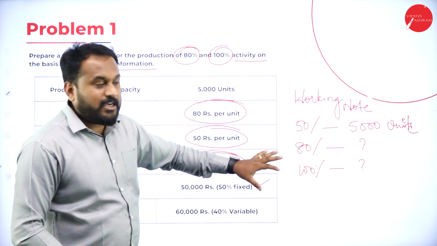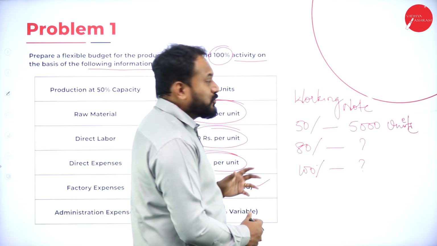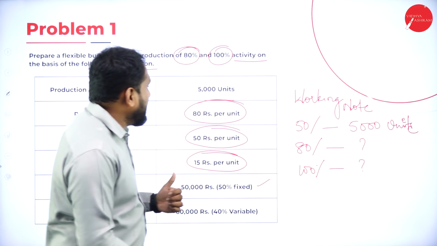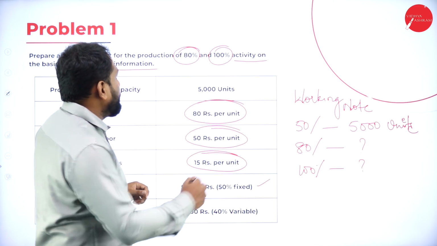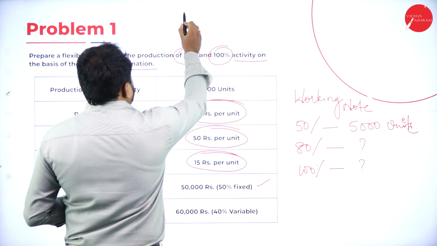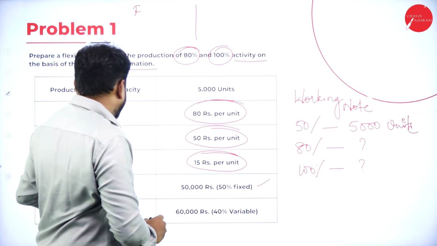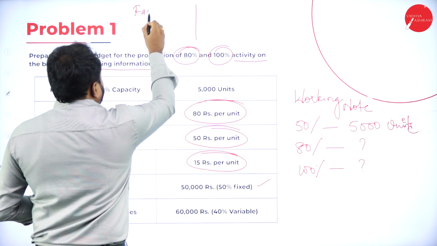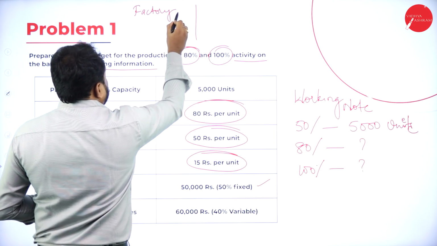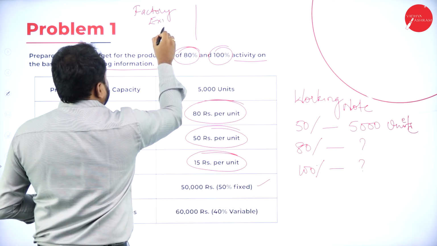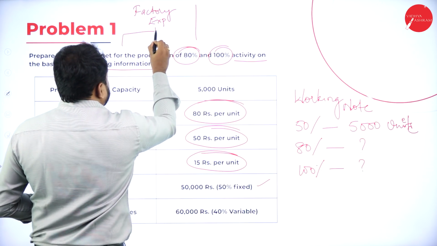I'll give you a hint how to go with this working note. I'll just make a partition. Fixed, that is factory expenses. Factory expenses. You write like this.